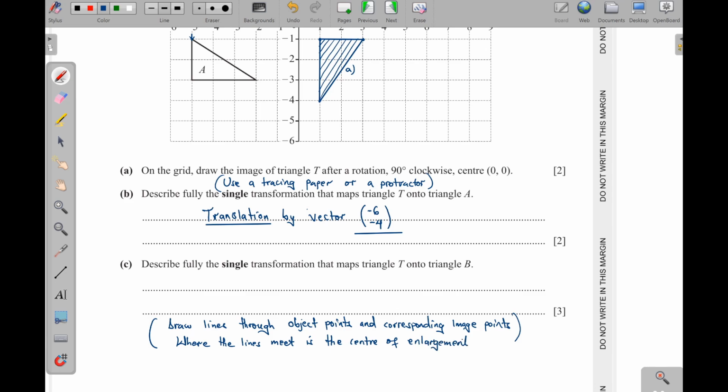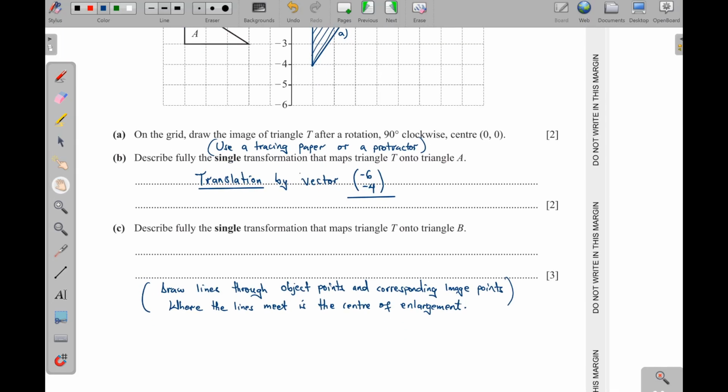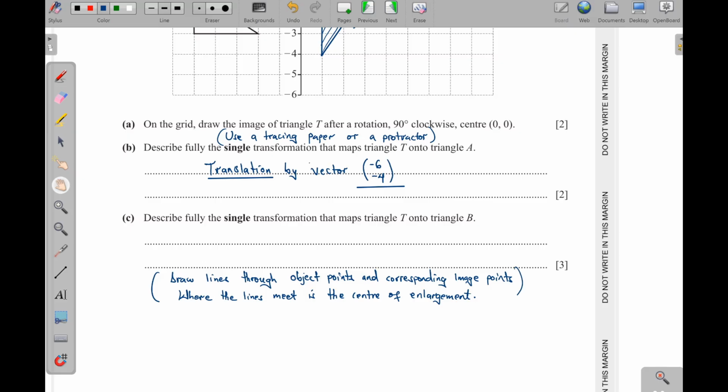Now we need the other factor. The other task we have is to find the scale factor of enlargement. So the scale factor, how do you get it? There are two formulae you can use. The first one is you get the image side length, then you divide by the object side length.